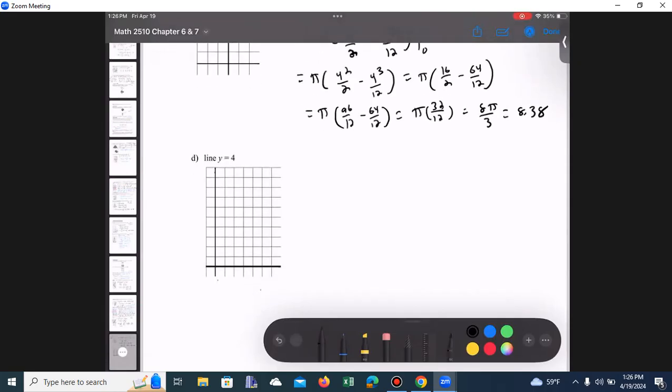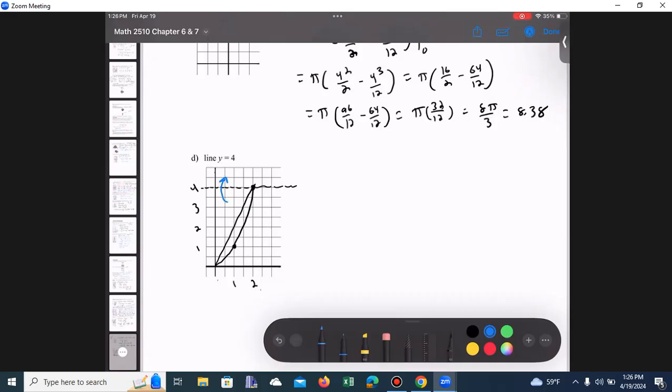Last one, we gotta rotate this around y equals 4. Let's draw this out real quick. 1, 2, 1, 2, 3, 4. y equals 4. 2 and 2. So we're rotating around this.